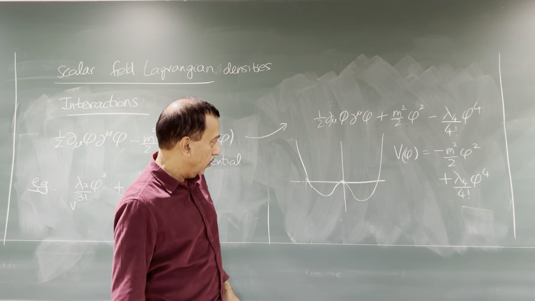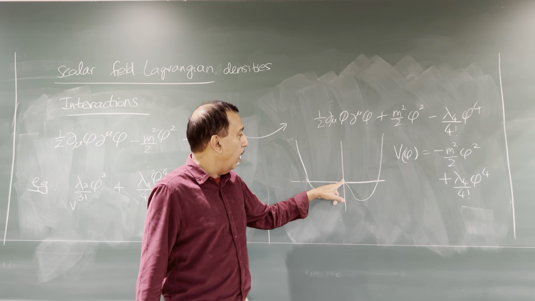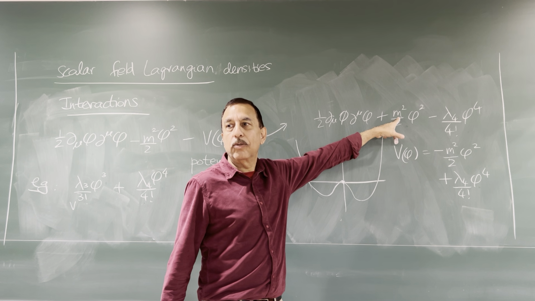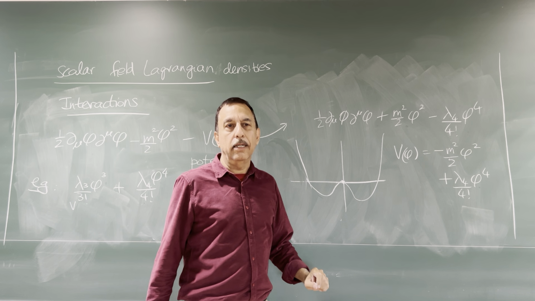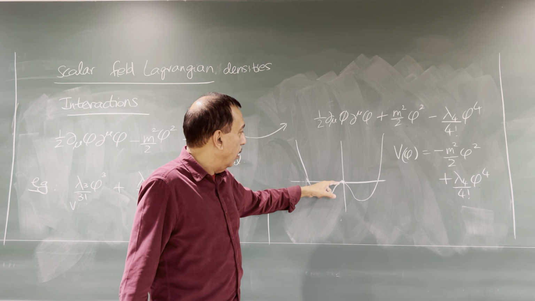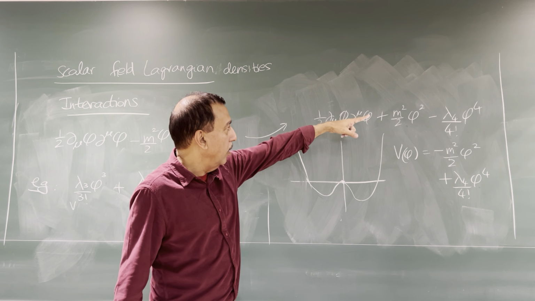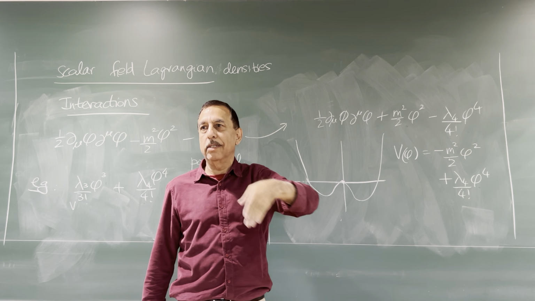It's very confusing at first what it means to have m squared of the wrong sign. Formally the statement is that this theory has a tachyon. Why tachyon? Because normally the mass of the particle is given by the quadratic term in the potential, in a potential which is like that.